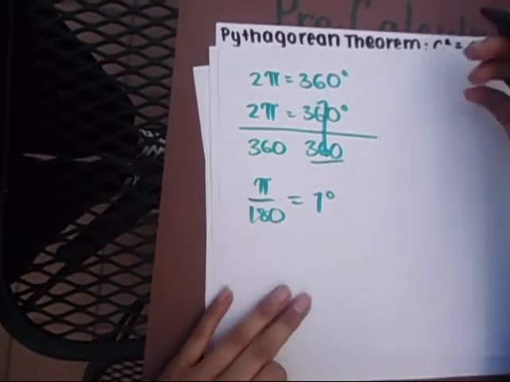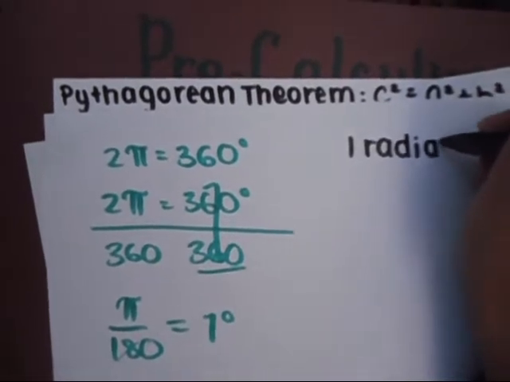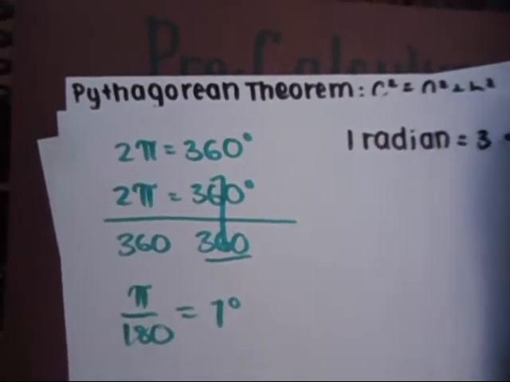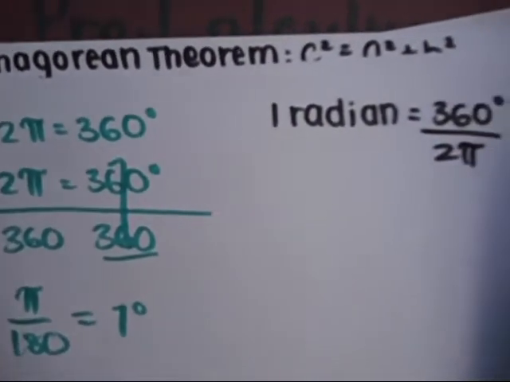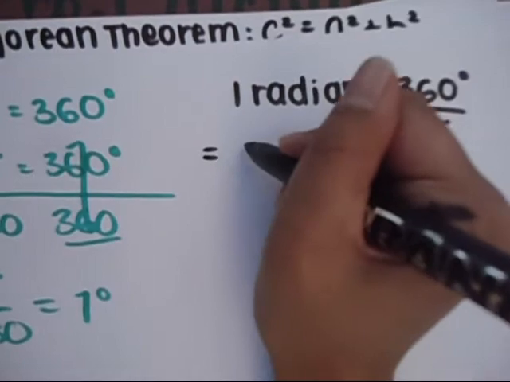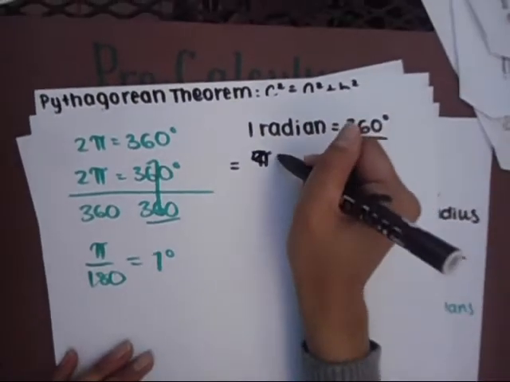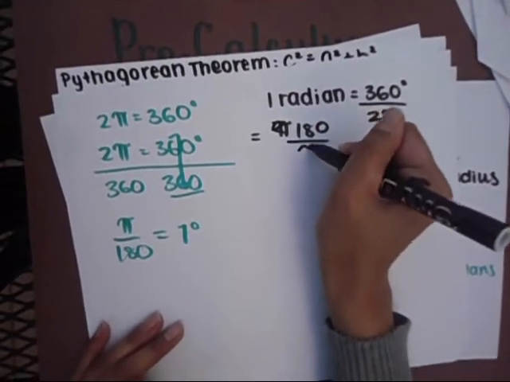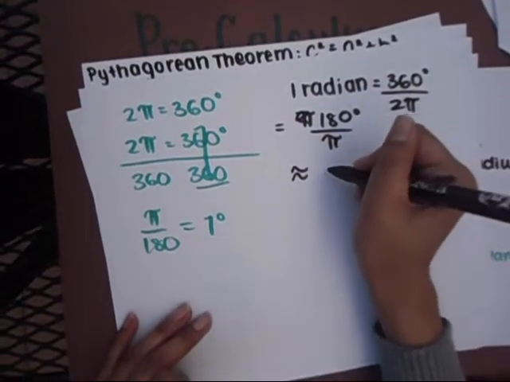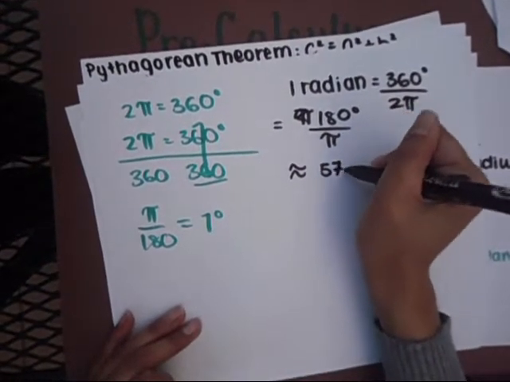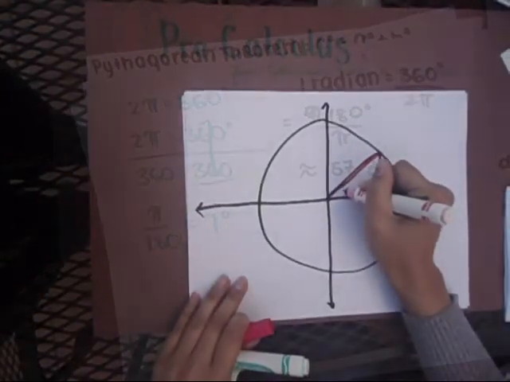So 1 radian equals 360 over 2 pi, which is 180 over pi degrees, and that's approximately 57.3 degrees.